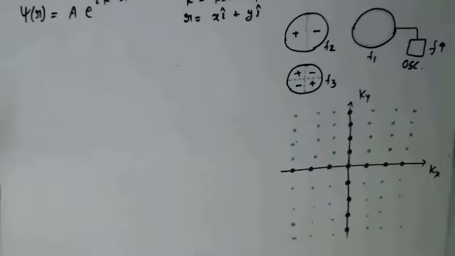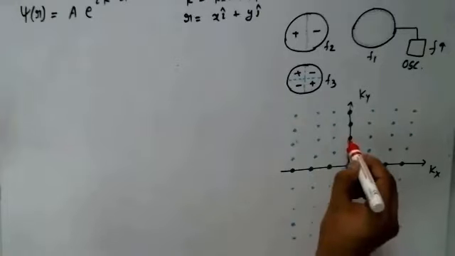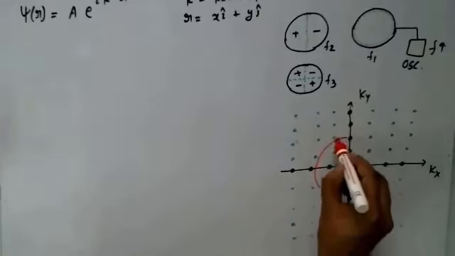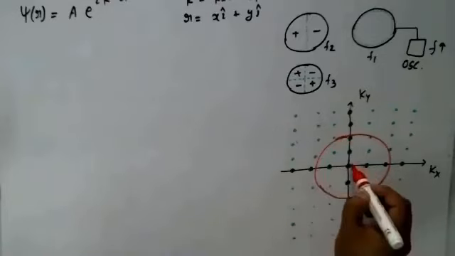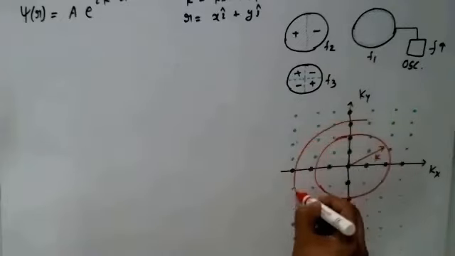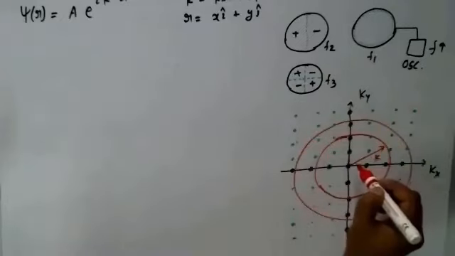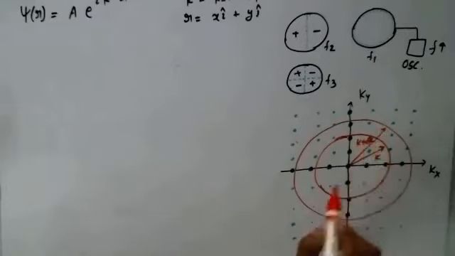So for that, I can now draw a circle here, of let us say radius k, and another circle of radius k plus dk.